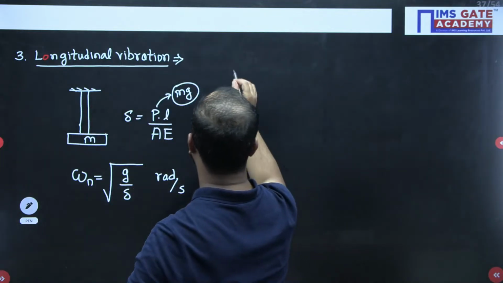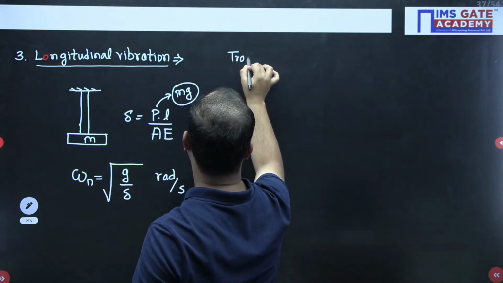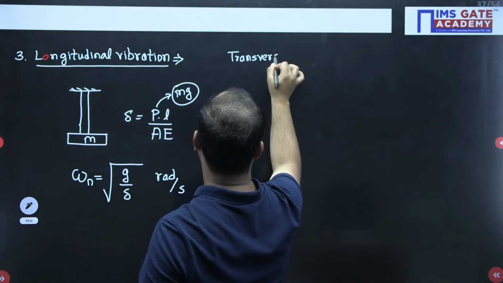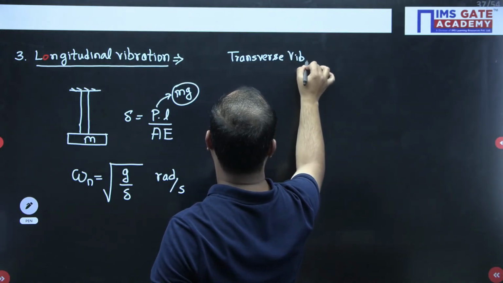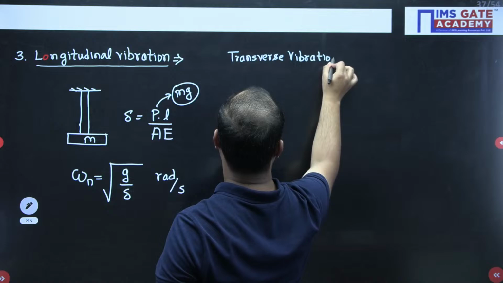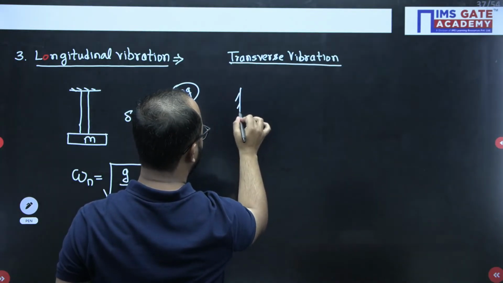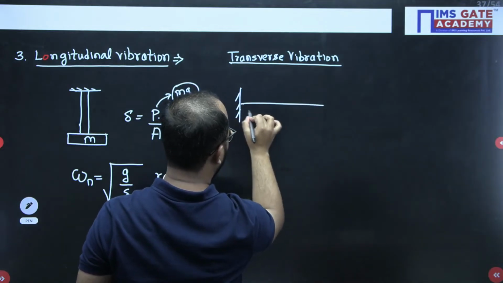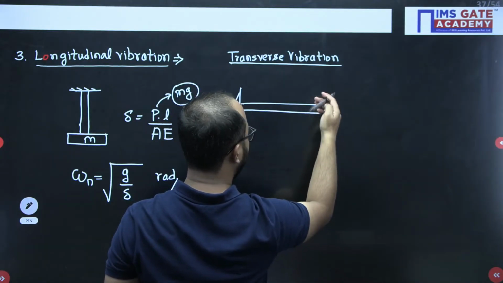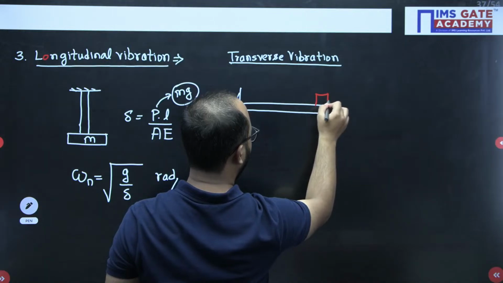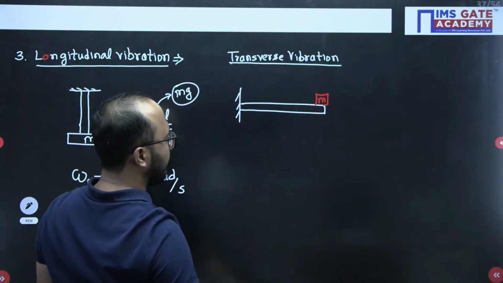Now next is transverse vibration. In transverse vibration, let's suppose we have a cantilever beam, and you have kept some mass at the end.